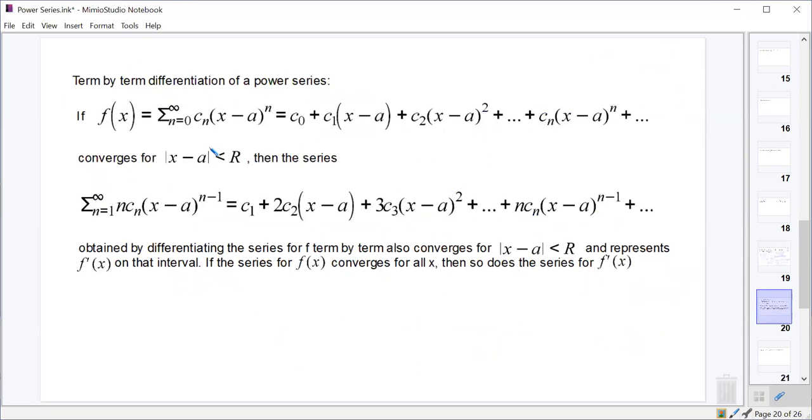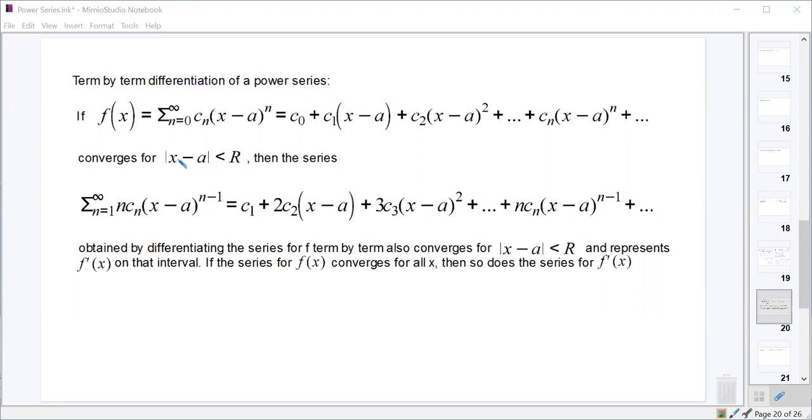Okay, and so like I said, you can do a term-by-term differentiation of this power series, and so this is just the general form of it, and if we take the derivative of it, we end up with something that looks like this.